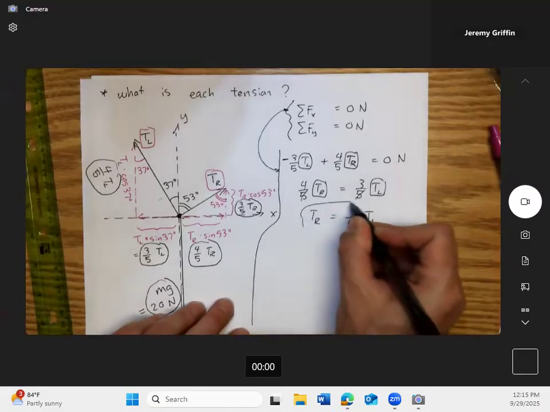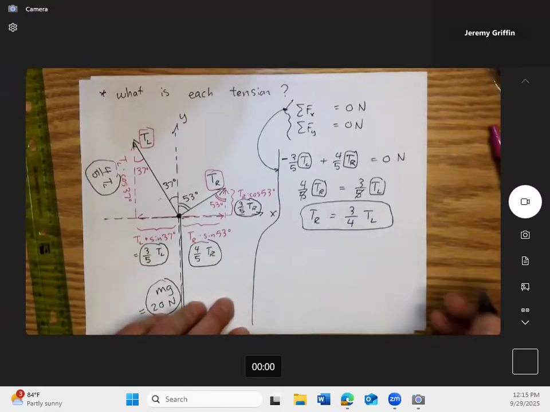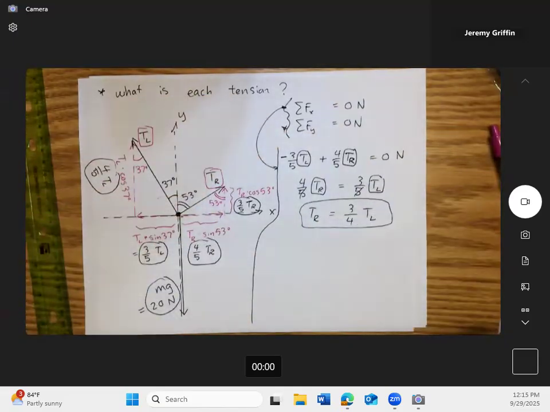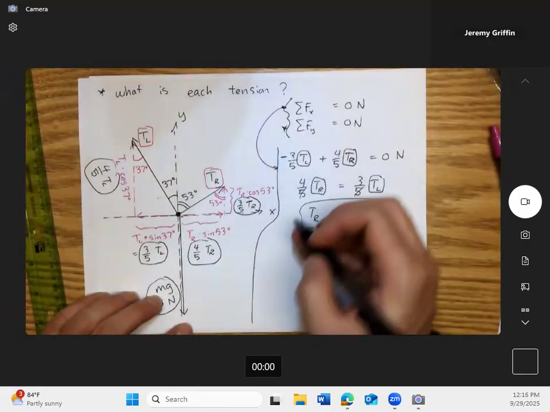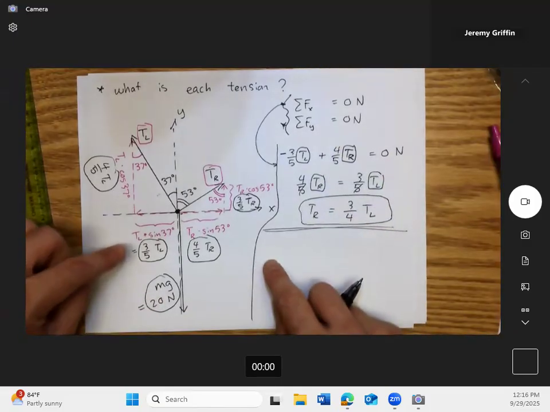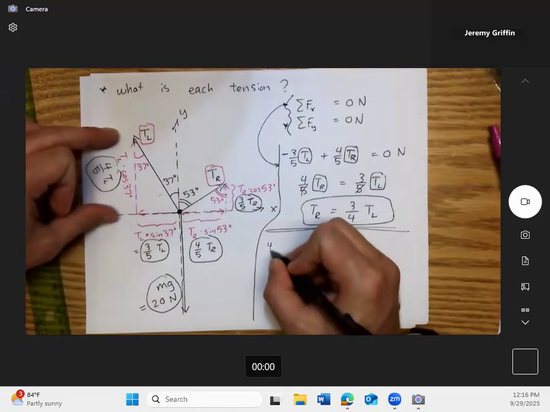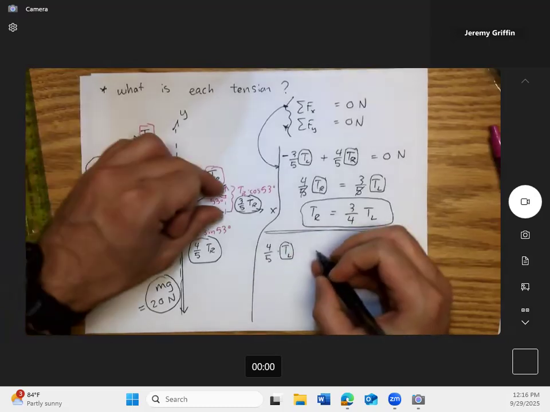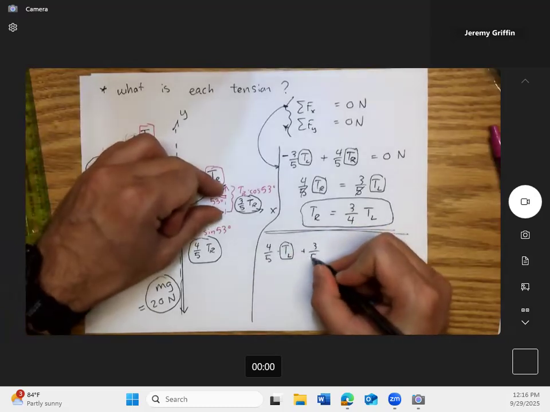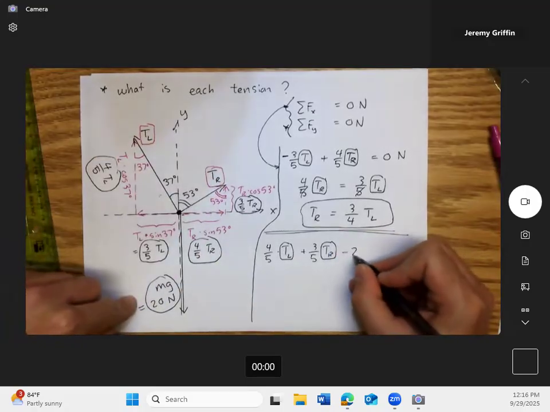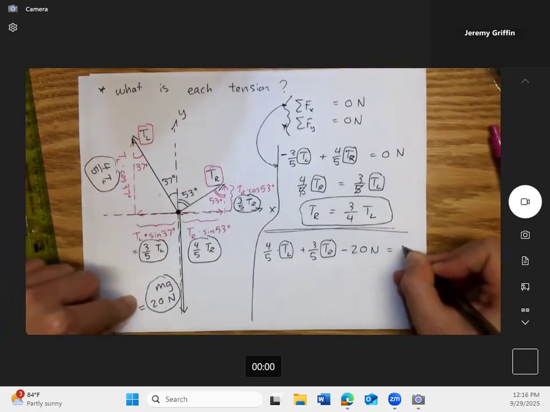That's okay too. Right? I still don't know what those are, but I can set up this other expression in the vertical and then do a substitution. You see it? See where this is going? So bring this other one down. So now let's look in the vertical direction. In the vertical, I have 4/5 tension left plus 3/5 tension right minus 20 newtons goes to 0 newtons.